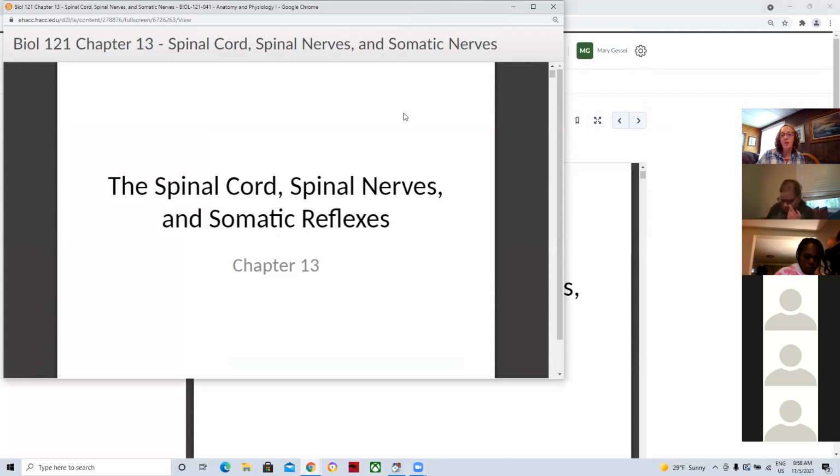So the spinal cord, the spinal nerves, and the somatic reflexes.